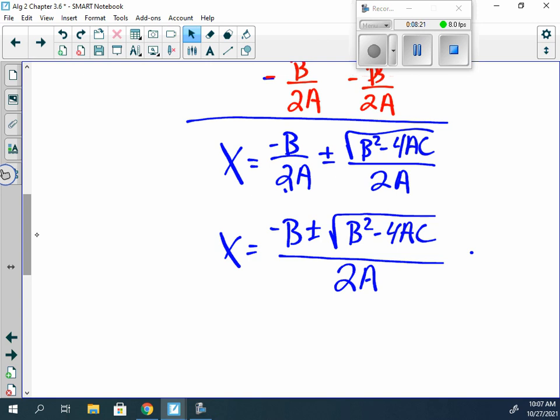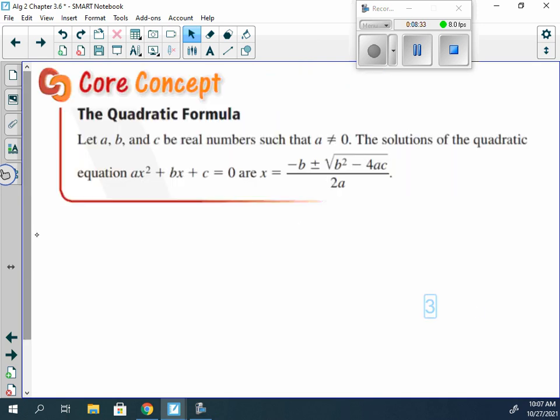Well, if that's true, and we applied it to the general form, this equation should also give us both solutions for any quadratic equation. And that is true.